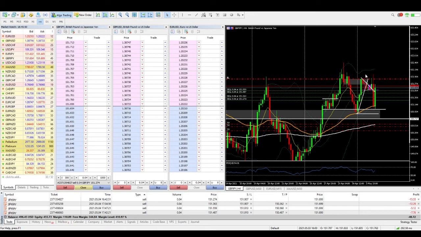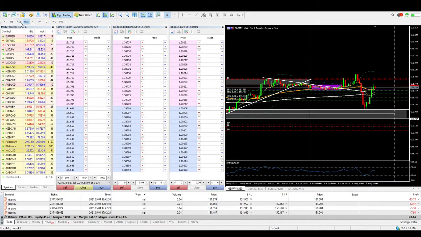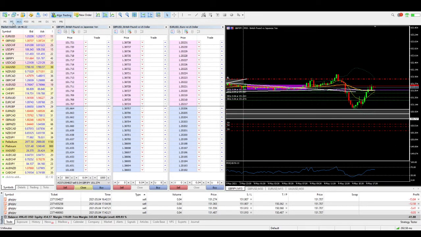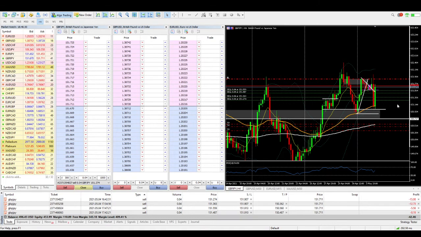Interesting. Maybe I should just look at the 4 hours. Yeah, if I stay in the 4 hours, maybe I could get a better decision. I was staying in the 30-minute, looking down, because I was planning to do short term trading, but somehow it just dragged me up. So now I'm in the 4 hours.